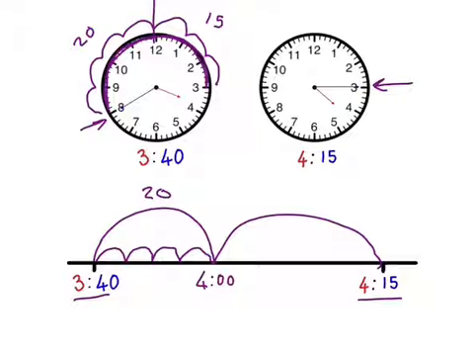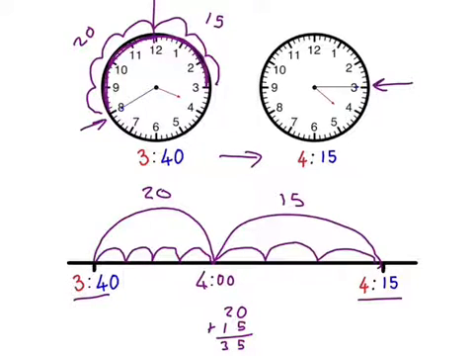And then from 4 to 4:15, 5, 10, ooh, big jump, 15. 20 minutes and 15 minutes. 20, add 15, which you don't need column addition for, 35. The duration of 3:40 to 4:15 is 35 minutes. So we can use a number line just as easily as a clock.